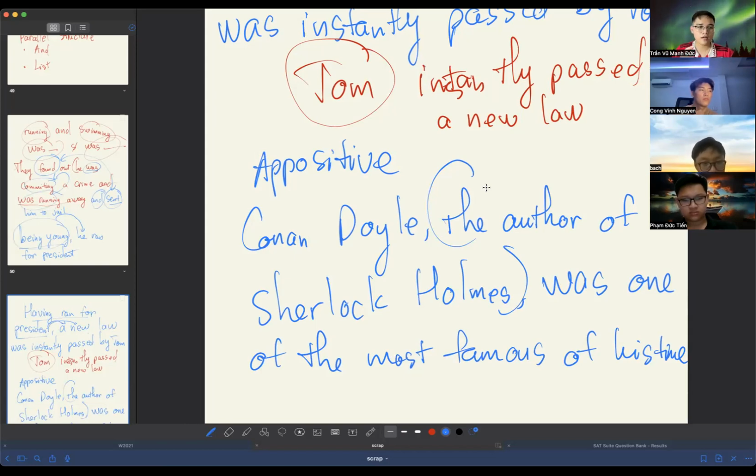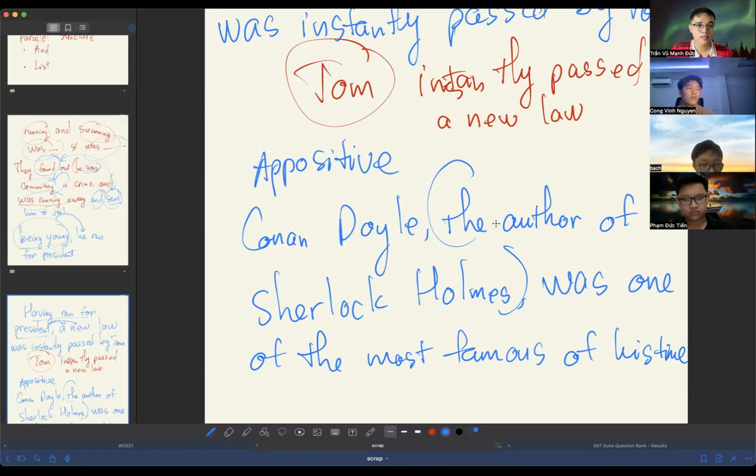An appositive is basically like a modifier, but it is just providing information for the word right before or right after it, without actually modifying it. So it's just providing unknown information. In this case, "the author of Sherlock Holmes" is the unknown information. It's not changing who Conan Doyle is, right? It's just providing additional information.